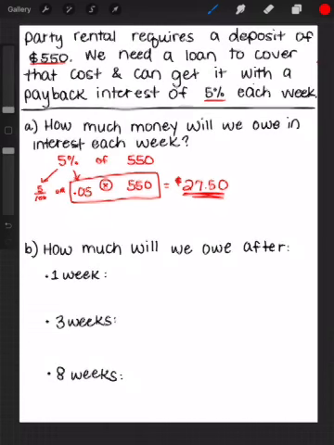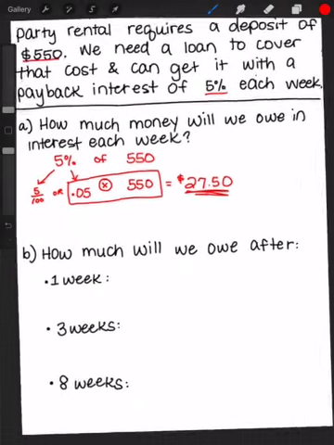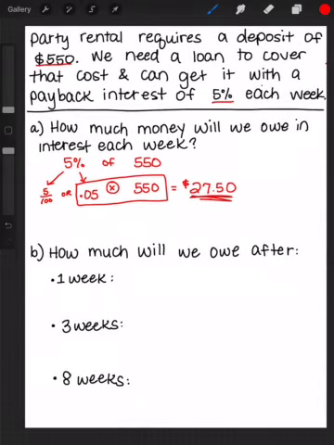Well, after the first week, of course, we do owe that $550 back, and we're assuming at this point we haven't been able to pay any of it back, okay? So right now, we'd owe $550, plus it's been 1 week, so we have 1 week of $27.50.